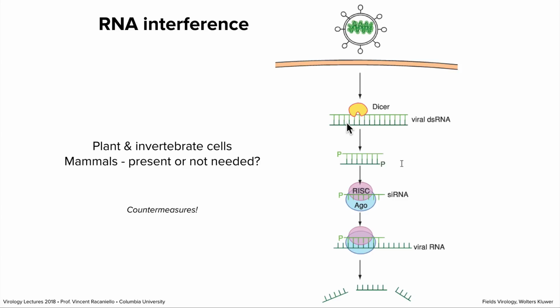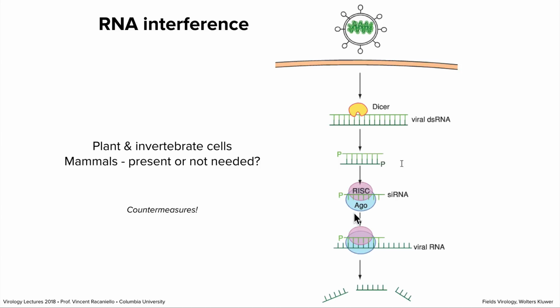That double-stranded RNA is recognized by a nuclease called Dicer, which chops it up into short stretches of RNA. One of these strands of RNA, called small interfering RNA, then forms a complex with proteins in the cell called RISC. And one of the enzymes in that complex is AGO or Argonaute.